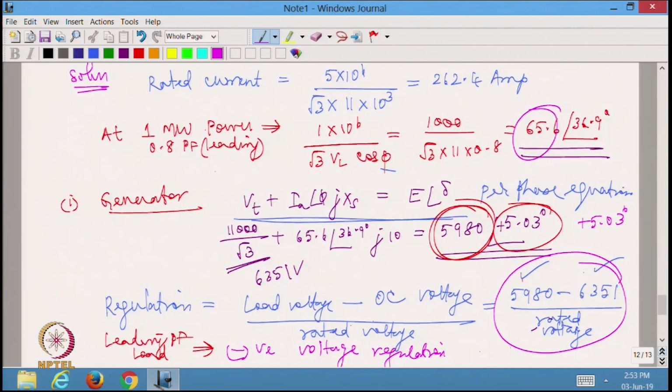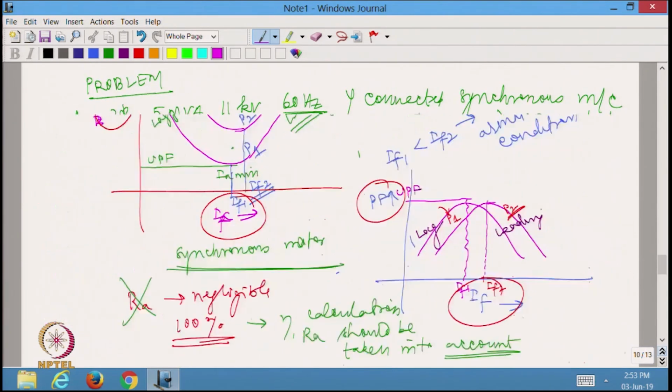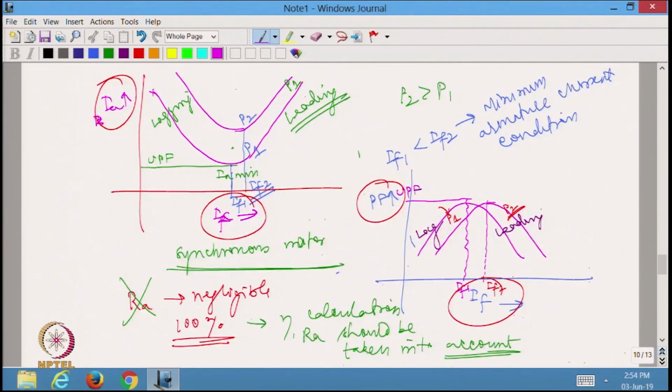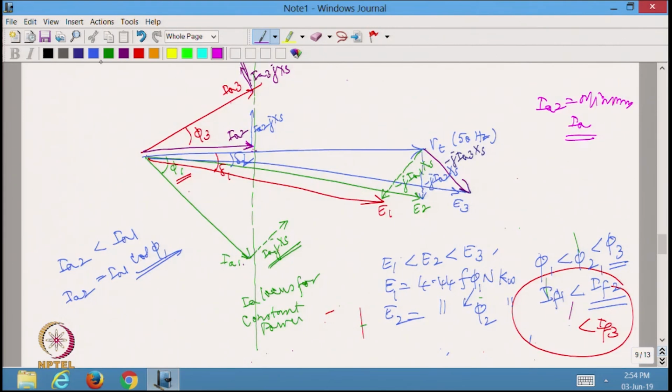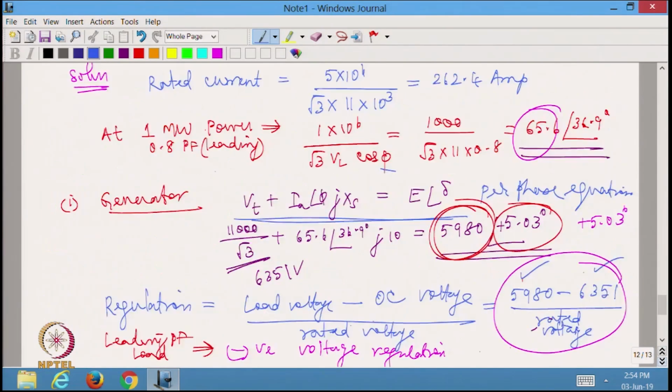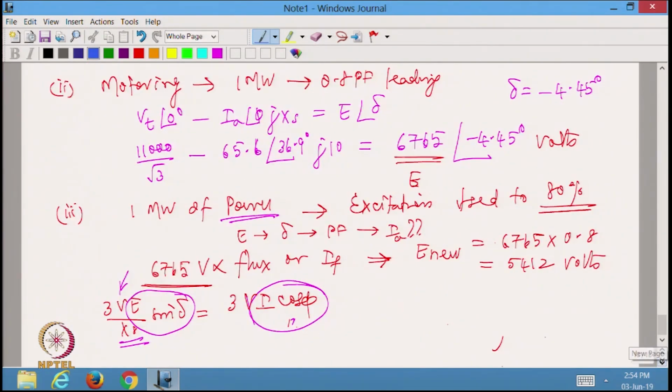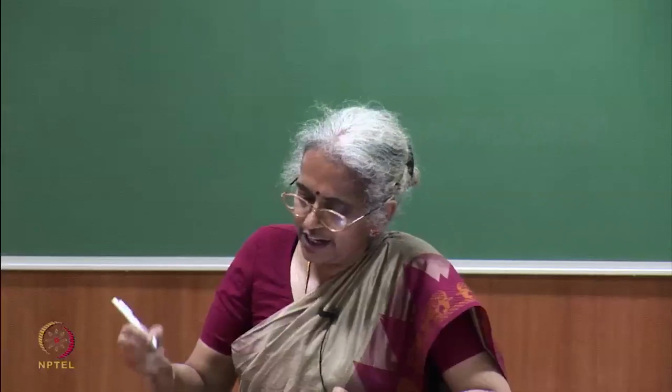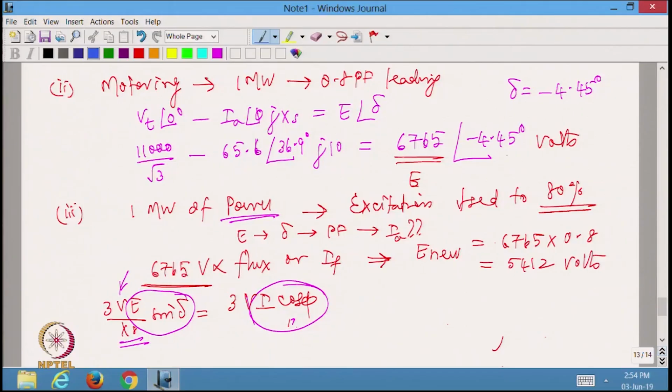I would like to emphasize that from the phasor diagram we drew earlier, if I look at what E sin delta is, this vertical distance will be E sin delta. This E sin delta will be a constant as long as power is a constant. Let us now look at what had been E sin delta in the previous case.